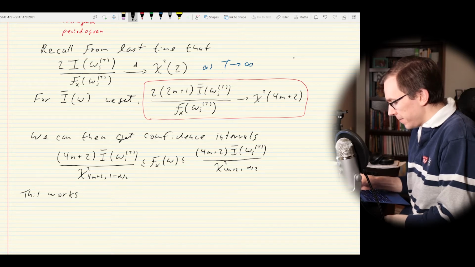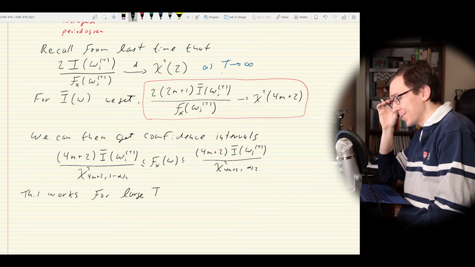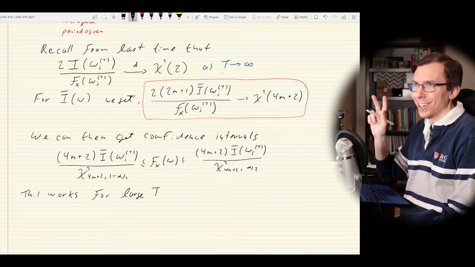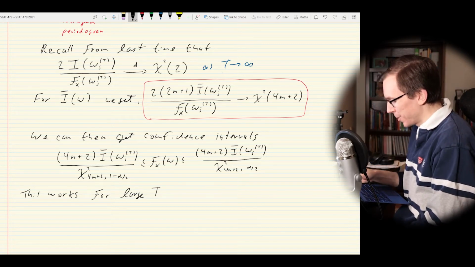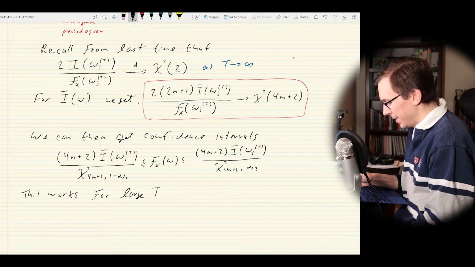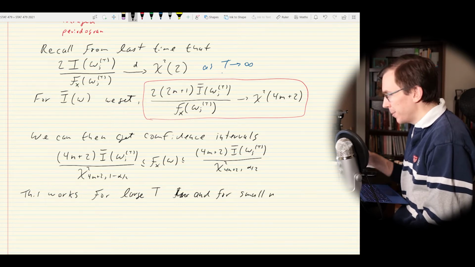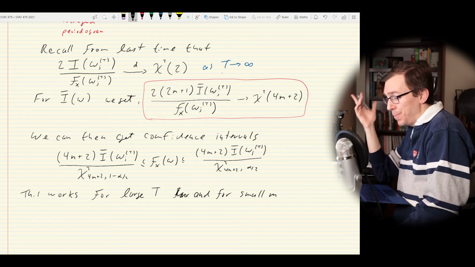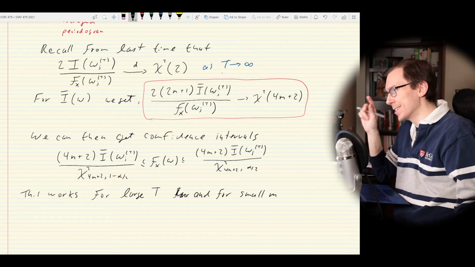works for large t, right? Because it's an asymptotic result as t goes to infinity. So if t is large enough to be asymptotic, then okay, we can believe this works. But also for large t and for small m, we can't have m be too big or it's going to mess up the asymptotics of this whole thing.